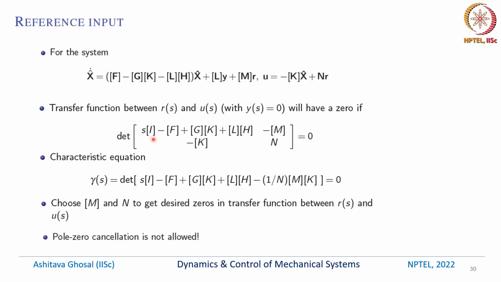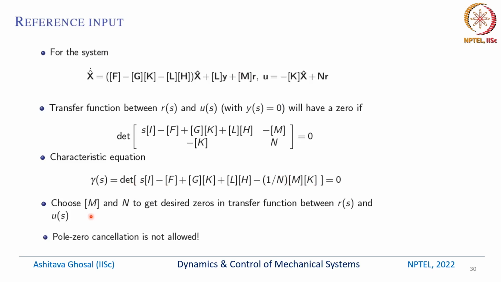So the 0 will occur if the determinant of this complicated thing is equal to 0. So what is this? The first term is sI minus F plus GK plus LH, and this is minus M, and this is minus K, and this N, equal to 0. So the characteristic equation for this determinant is, again, we can find a polynomial gamma of s, which is the determinant of sI minus F plus GK plus L into H, minus 1 by N into M into K, equal to 0.